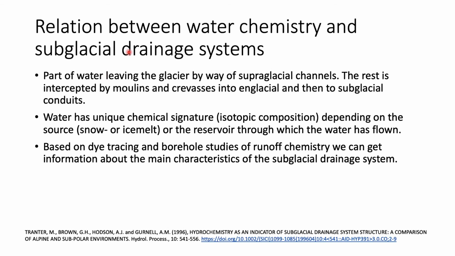So what is the relationship between the water chemistry and subglacial drainage systems? Part of the water leaves the glacier by way of superglacial channels. The rest is intercepted by moulins and crevasses into englacial and then to subglacial conduits. That means the water goes through all the three regions: supraglacial channel, englacial and the subglacial conduits.